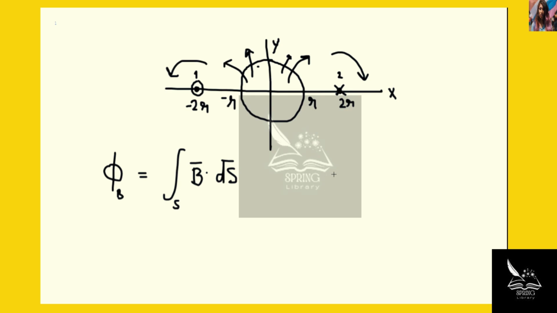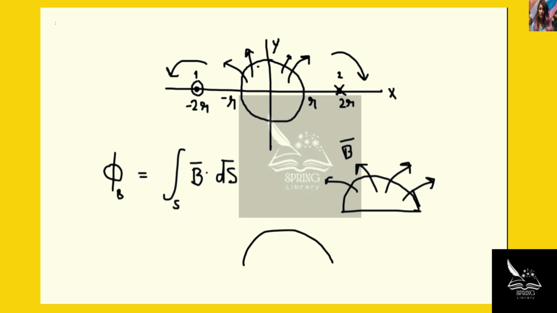We can draw the same thing here. This time we'll draw only the upper half, and see that the magnetic field goes like this. This is our surface and this is the magnetic field B. If I were to take B dot dS, we can draw a small section of the cylinder.